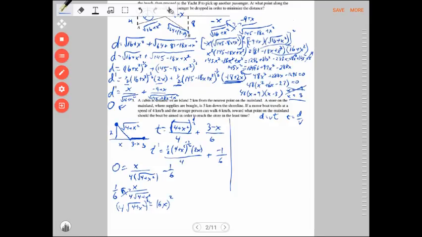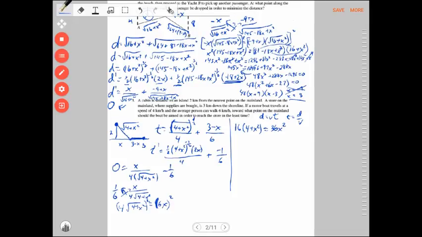So 4 squared is 16. And then the root and the squared cancel, so 16 times 4 plus x squared equals 6x squared, 6 squared is 36, and then x squared is just x squared.